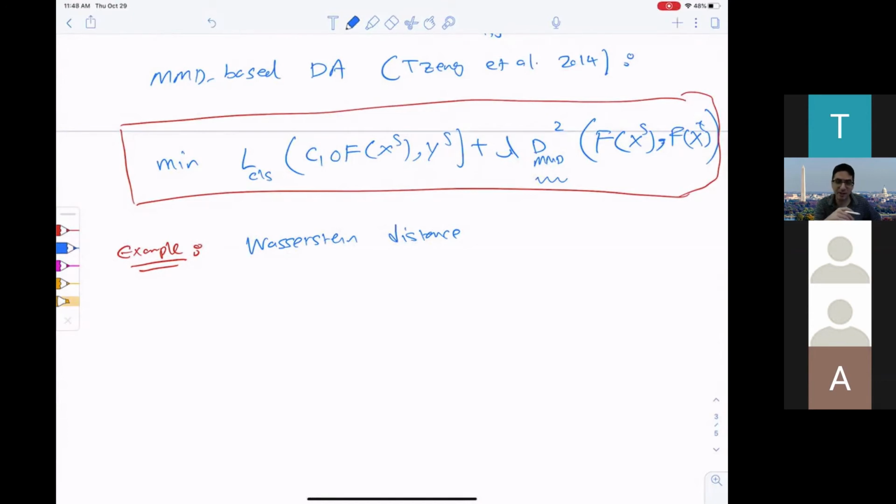Is it possible to not use MMD and to use Wasserstein instead? And what would be the difficulties in that case?